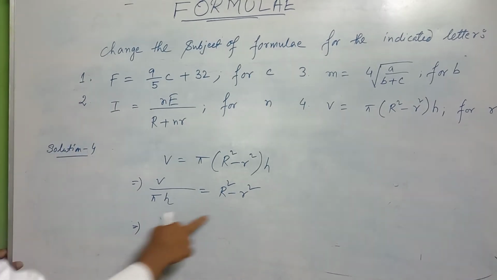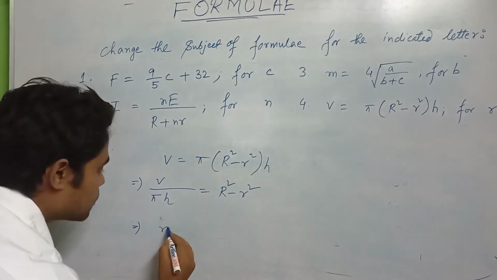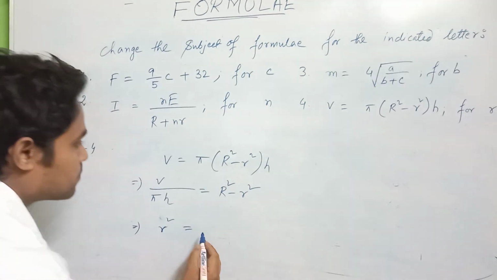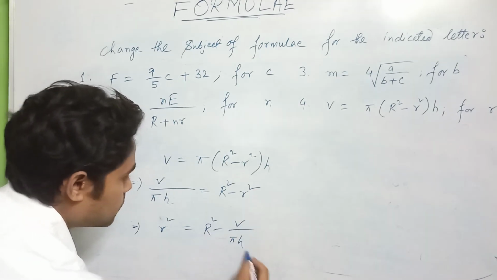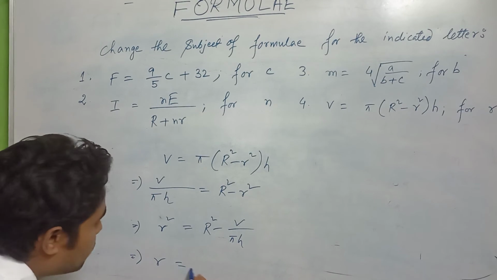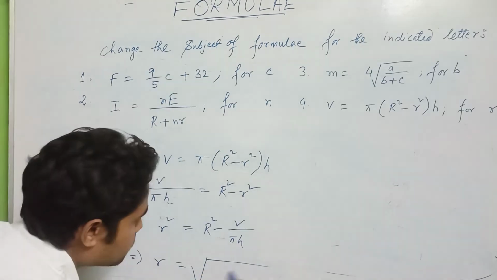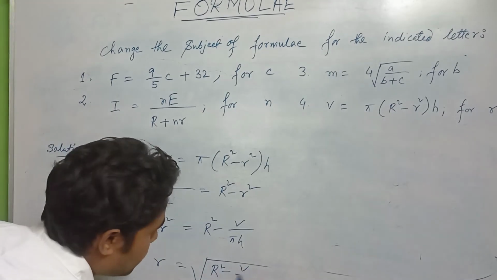So if it comes this side, then it will be plus. So r square equal to capital R square minus v by pi h, implies r equal to root over capital R square minus v by pi h.